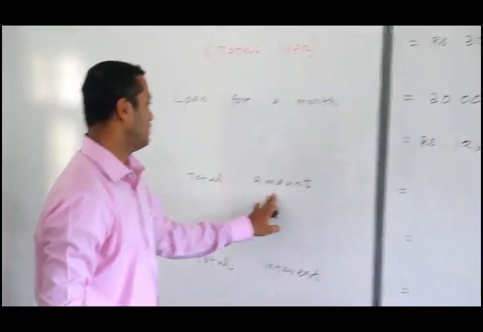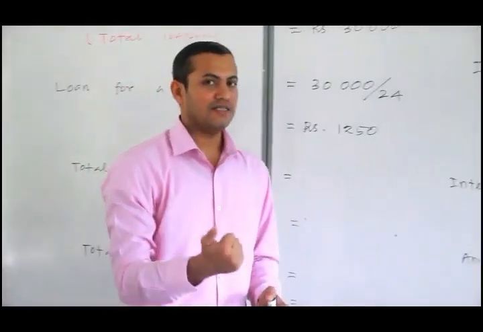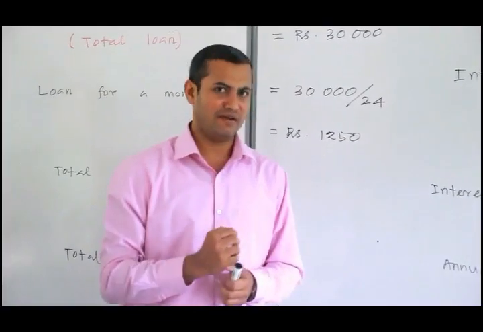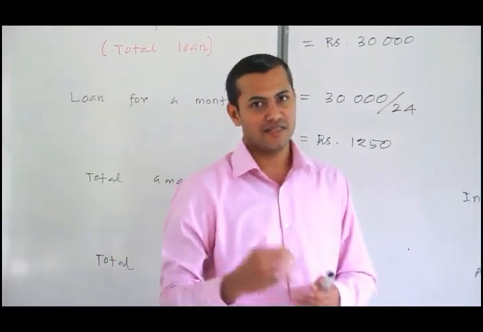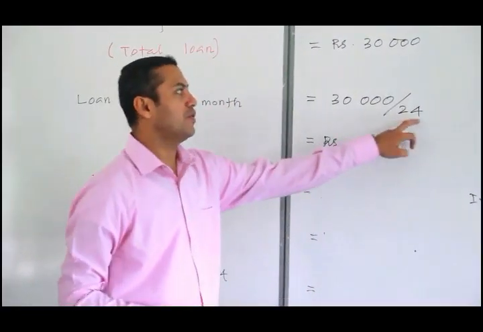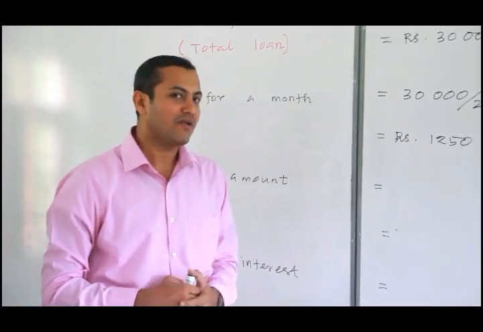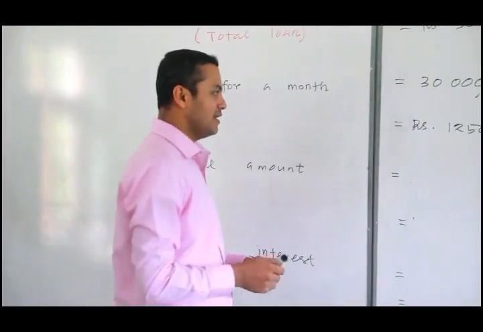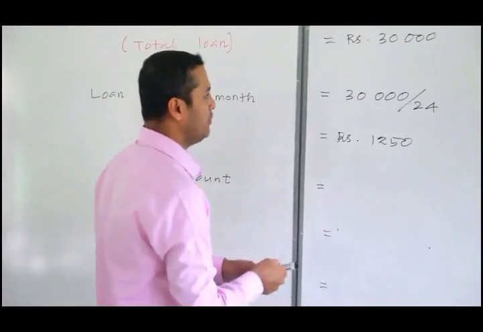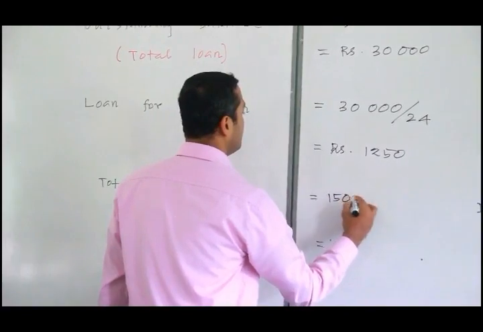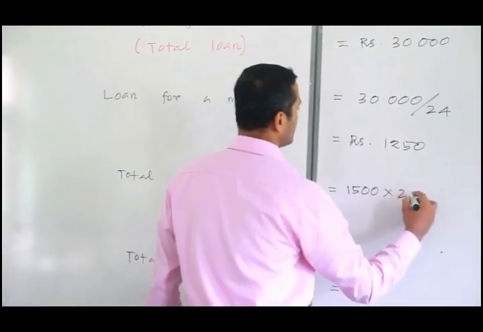Then the total amount, right? According to the question, every month he pays 1500. That is the monthly installment. That is the value of a monthly installment. Then by the end of 24 months, he would have paid how much? How do you calculate that? Multiply the monthly installment by the number of installments. So he pays 1500 every month. For how long he pays? For 24 months.